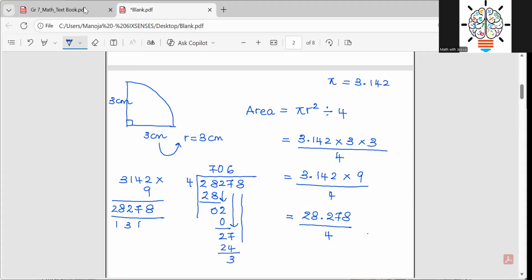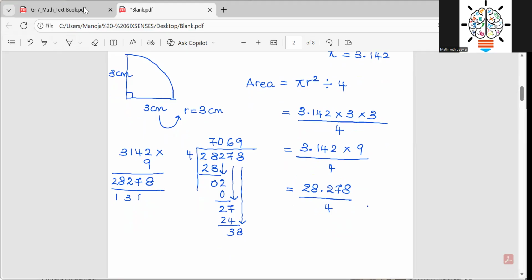You bring this and it becomes 38. 4 times 9, right? 4 times 9, 36 and 2 remainder. To continue this and finish this off, I take an imaginary 0, and when I take the imaginary 0, so this should be decimal, 4 times 5, 20, and it is 0. Now I am done. Okay.